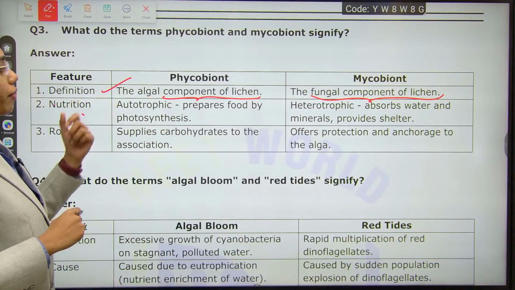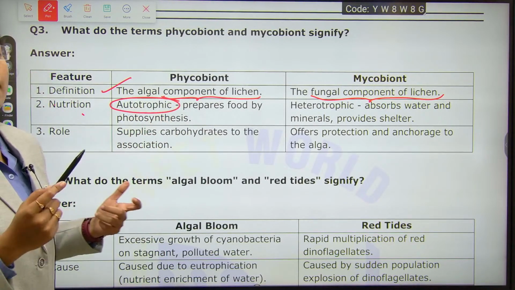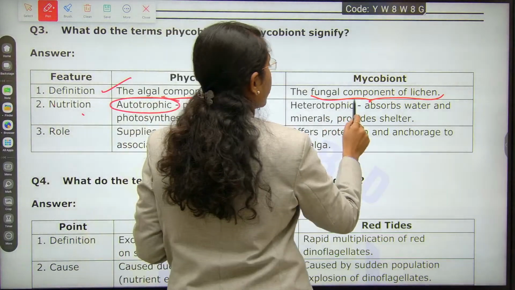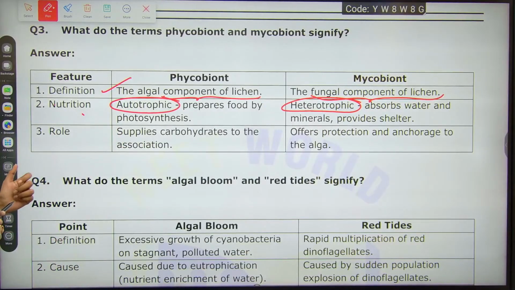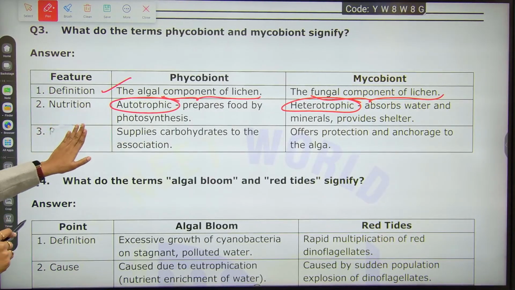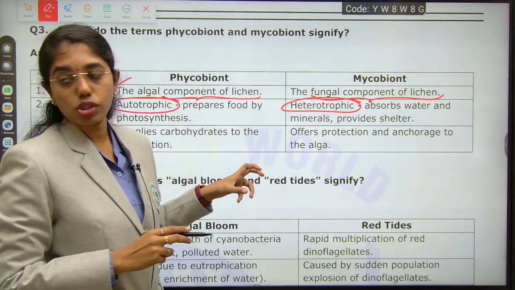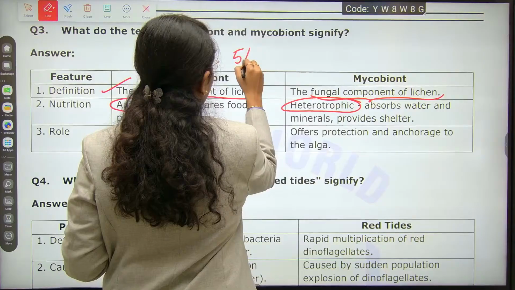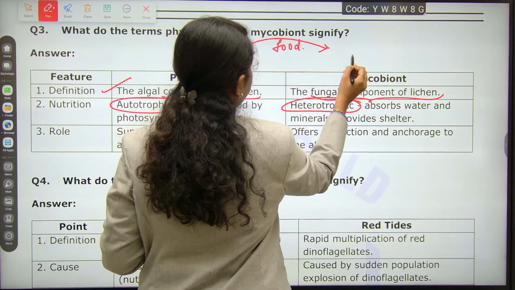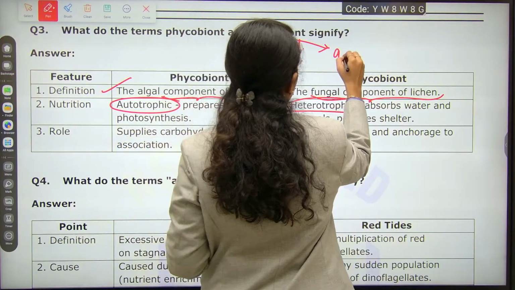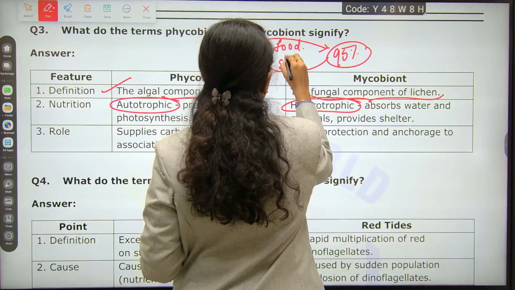Nutrition of phycobiont is purely autotrophic. Mycobiont has heterotrophic nutrition. And here the role: in the complete lichen association, algae will be just 5% and provides food to fungi, and the mycobiont, that is fungi, will be 95% and provides shelter to algae.